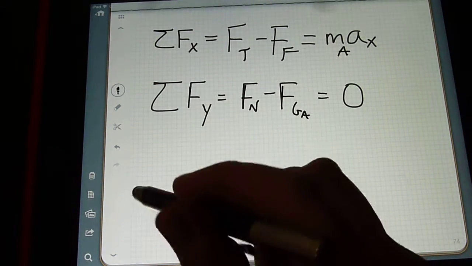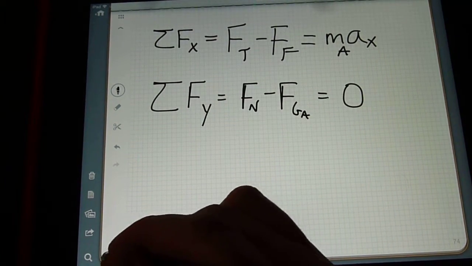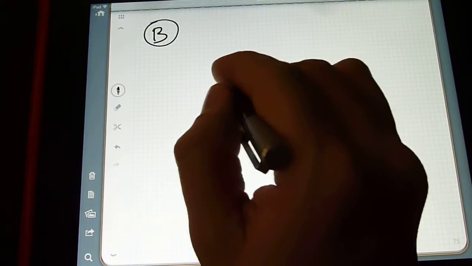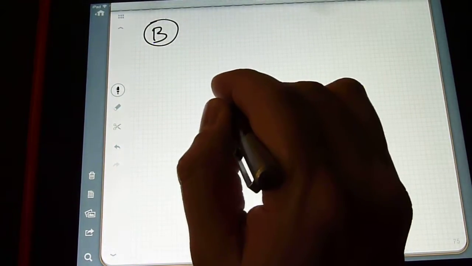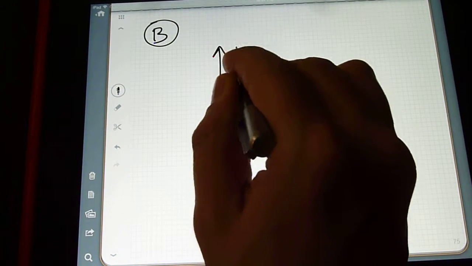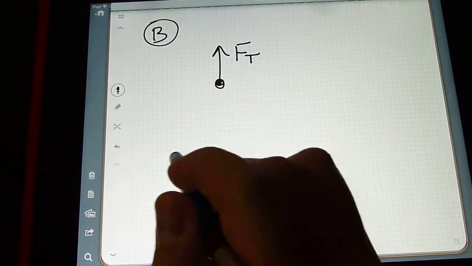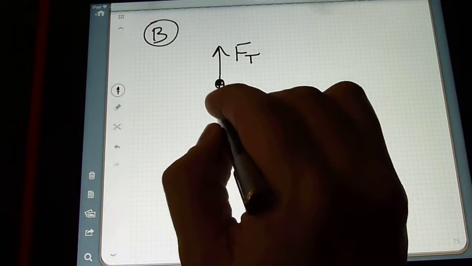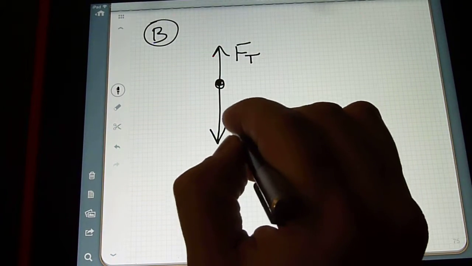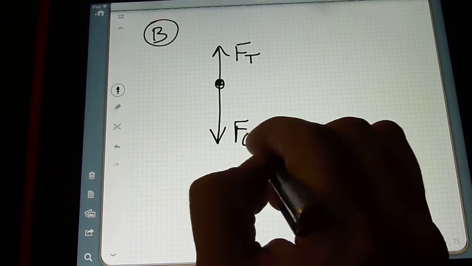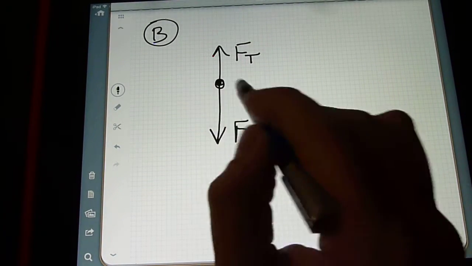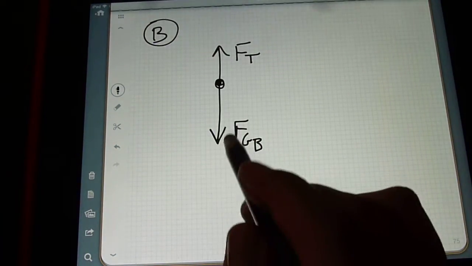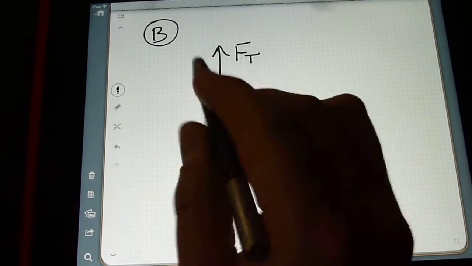For block B, then, our free body diagram would just have an upward tension force that's the same length as the tension force that was in the free body diagram for block A, and then a downward weight force, Fg sub B. I'm sure to draw this Fg sub B bigger than F of t because this will be accelerating as it travels downward.